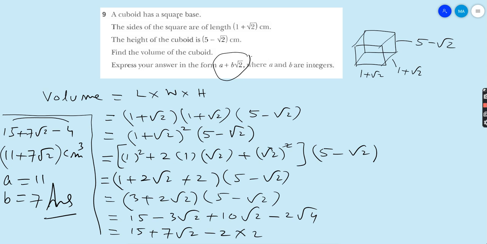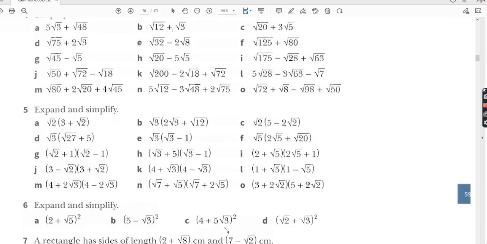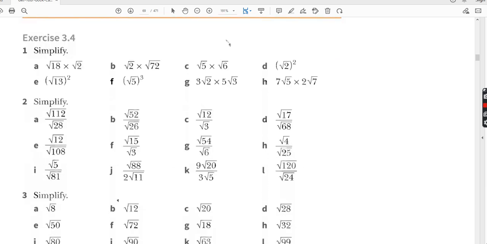We have finished, and this is your exercise 3.4. As you know, students, I always do each and every question and each and every part. You can see my hard work.